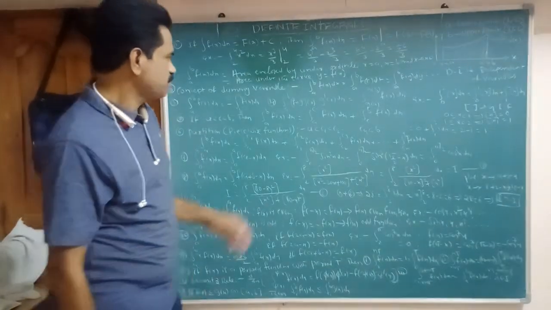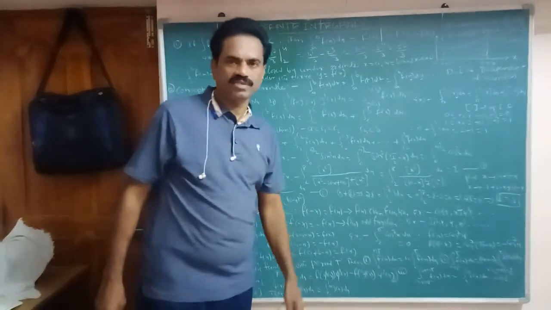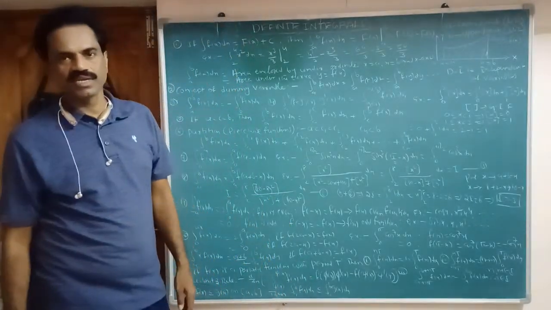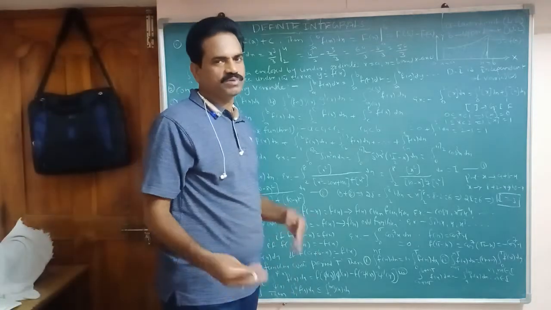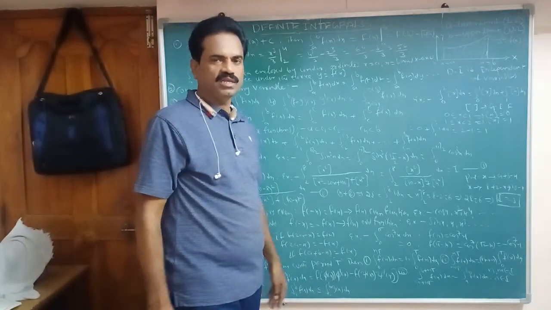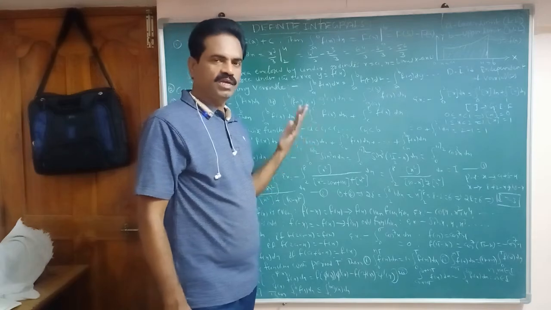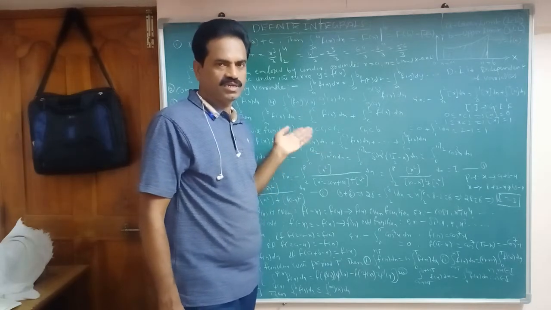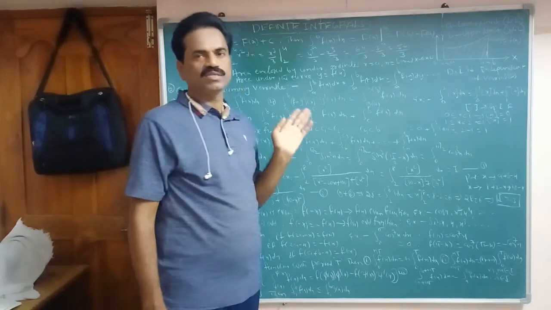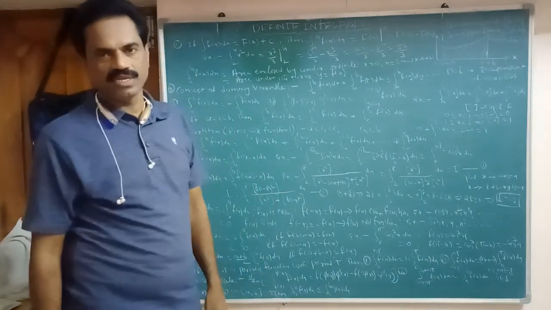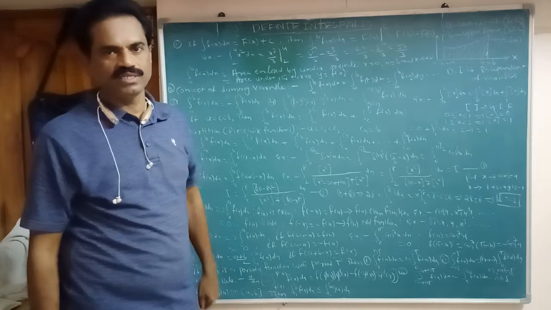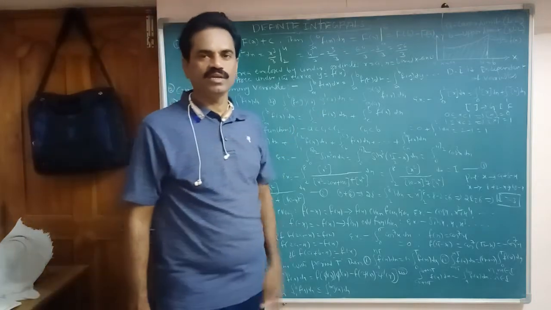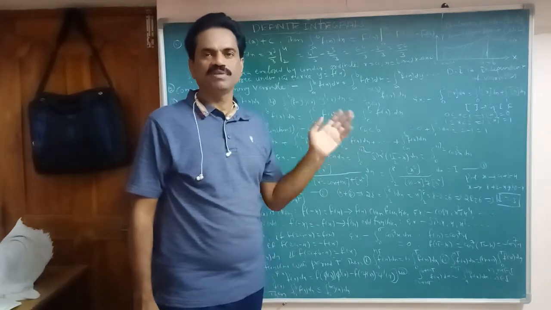Suppose f circle g is a composite function, integral a to b f of g of x into g dash x dx. It is nothing but substitution g of x equal to t, then change the limits. When it is in terms of x, the limits are a, b. With the substitution g of x equal to t, the lower limit x equal to a becomes g of a, and the upper limit b becomes g of b. So the limits will be changed.